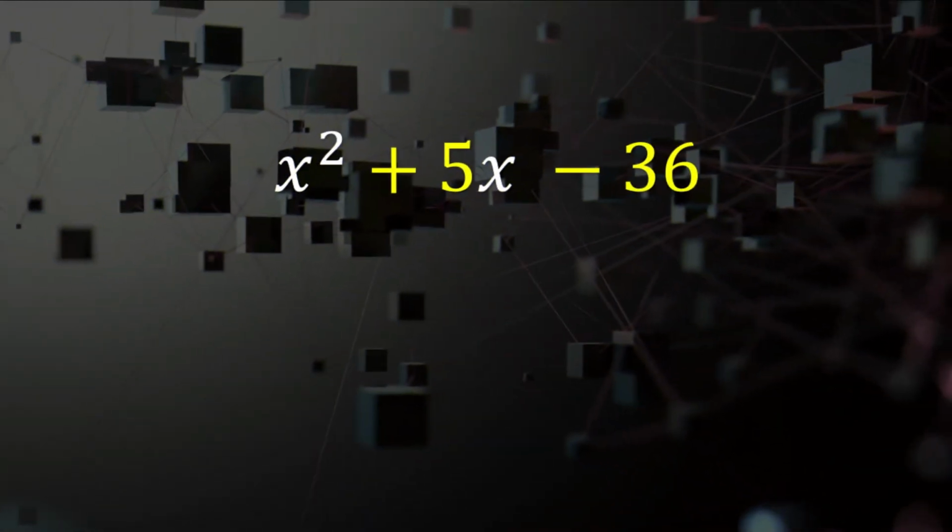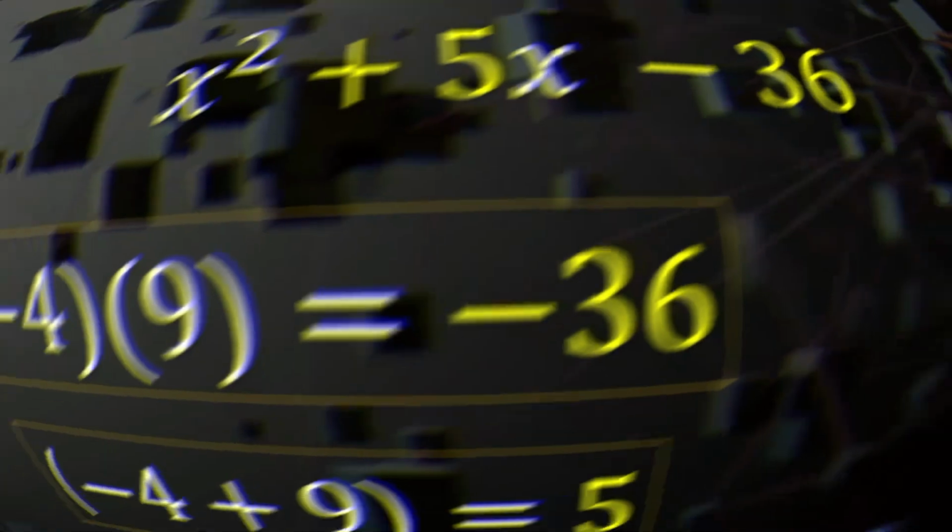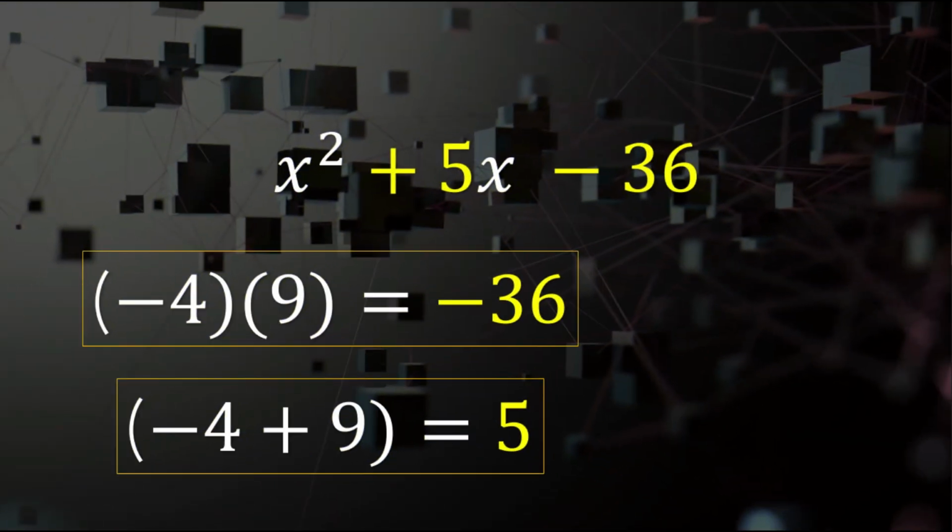After that, think of factors of negative 36 that sum up to 5. And that is negative 4 and 9, because negative 4 times 9 is negative 36, and negative 4 plus 9 is positive 5.